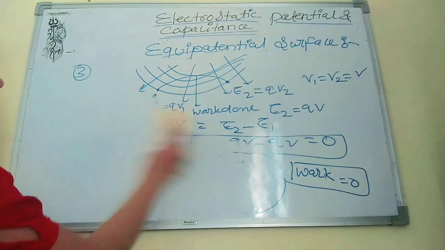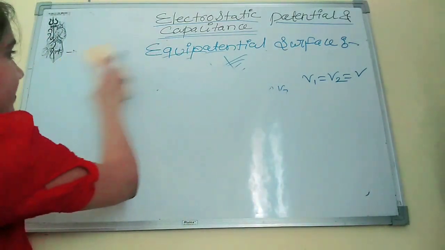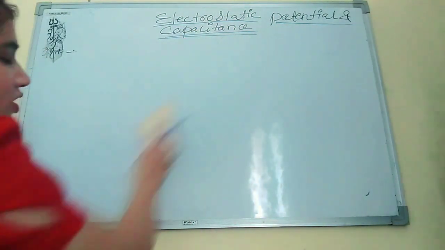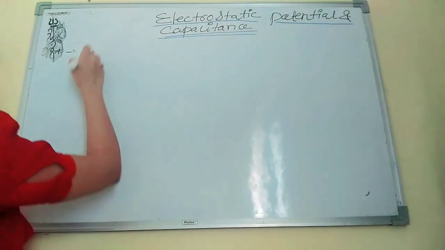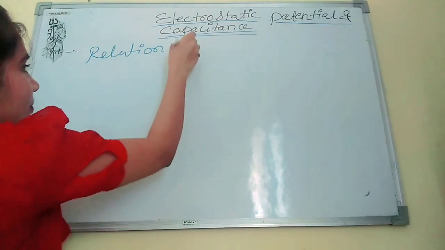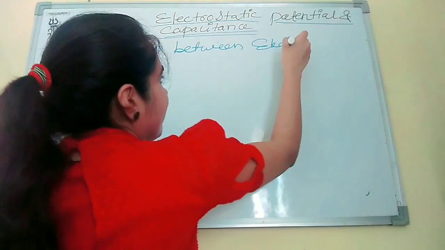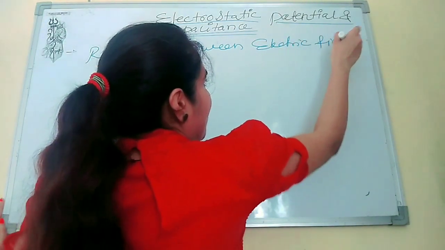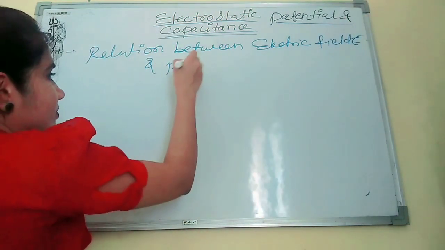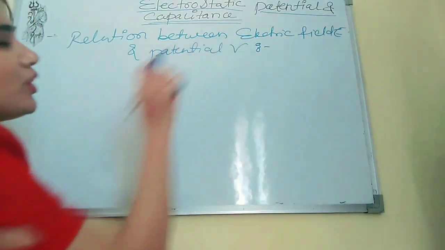Now we will see the relation between electric field and potential. Find the relation between electric field and potential.